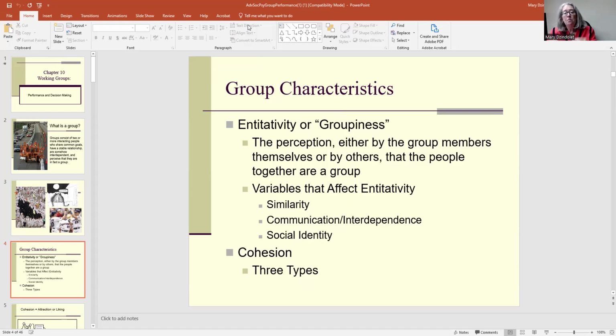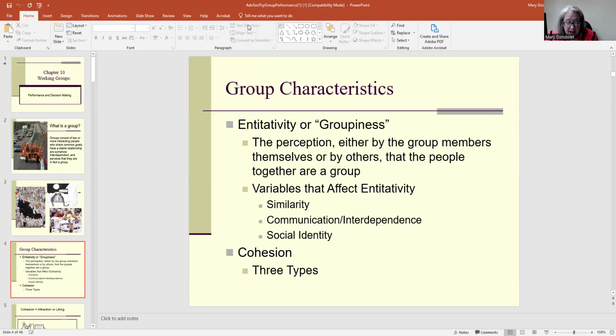The more you're on the spoke of the wheel that has to do with this group, like let's say advanced social psychology, and the higher you are toward the social identity part, rather than seeing yourself as an individual, unique and different from everyone else on the planet, the higher your social identity on that continuum, with the social identity being a member of this group, then the more groupy the group is going to feel to you.